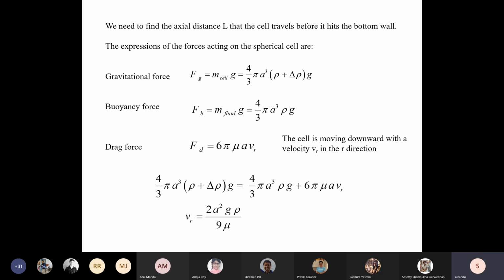We did not say anything about the flowing fluid. There is no effect of that. It's only the gravity, buoyancy, and the drag forces which are connected to each other by this expression.